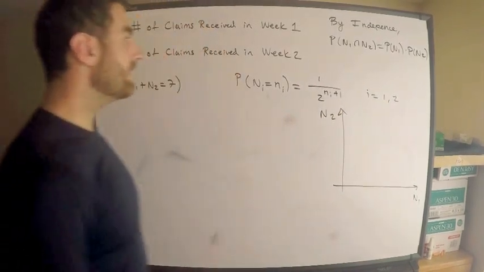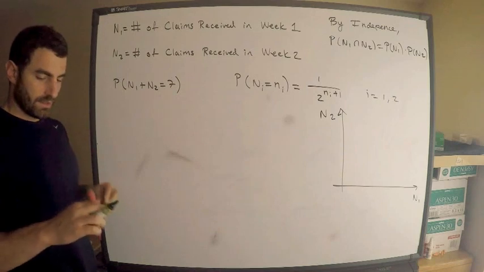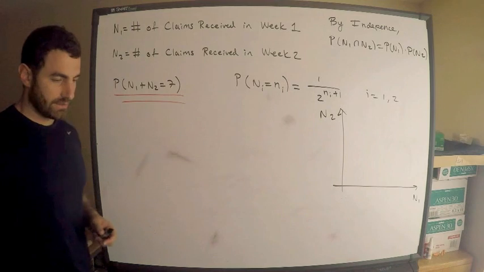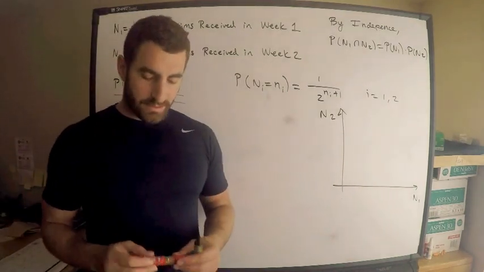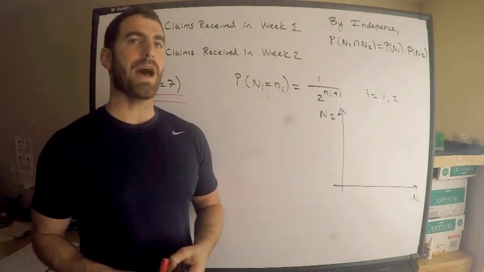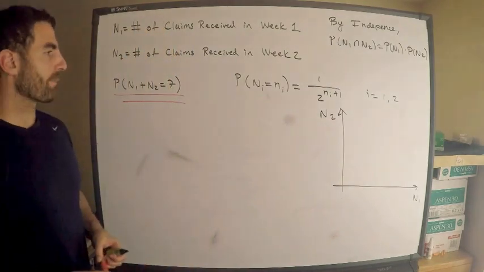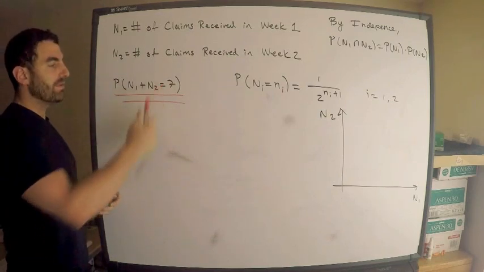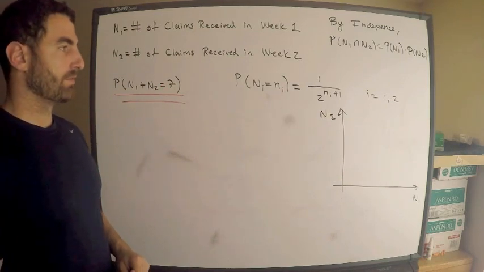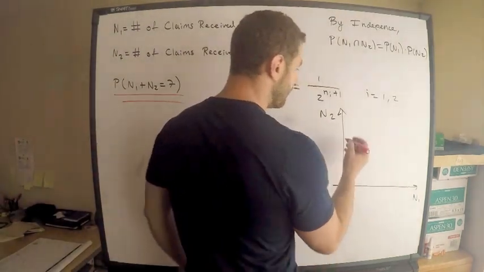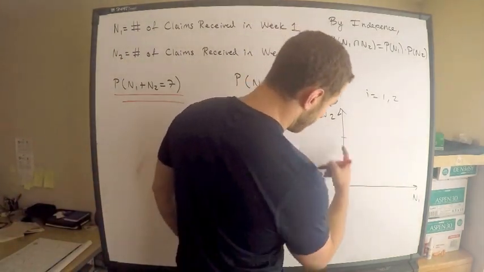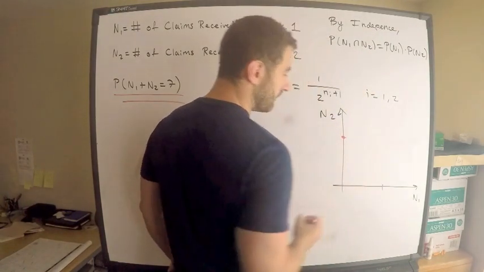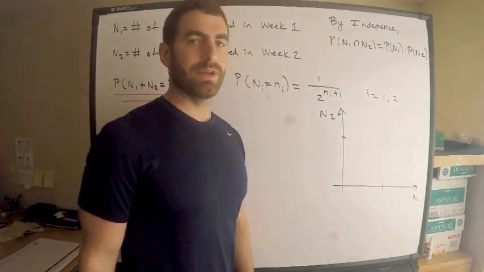Now, let's write down what it is we're looking for. We want this quantity right here. You don't have to do too much math to solve this. Just think about the combinations of N1 and N2 that give you exactly 7 received claims. If you like, you can have a picture, with several dots, discrete points.